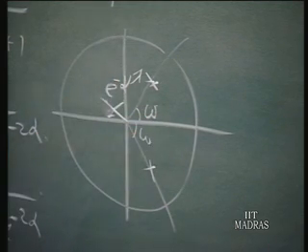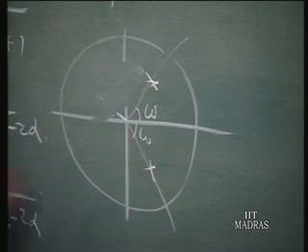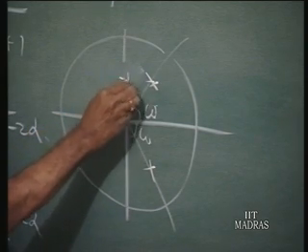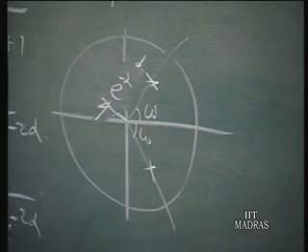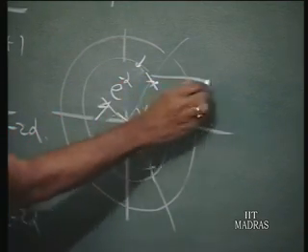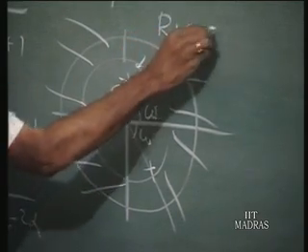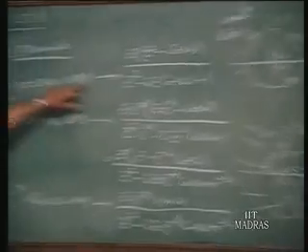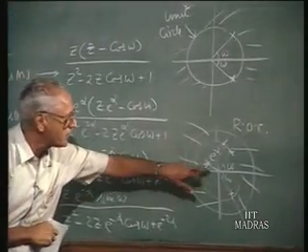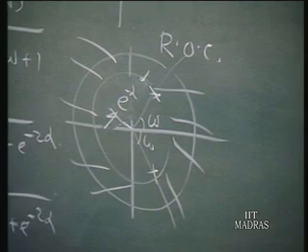That means the distance of the poles from the origin is not unity but e power minus alpha, which is of course less than 1. That means the region of convergence is enlarged. In the first one it is outside the unit circle, but here it is outside the circle of radius e power minus alpha.